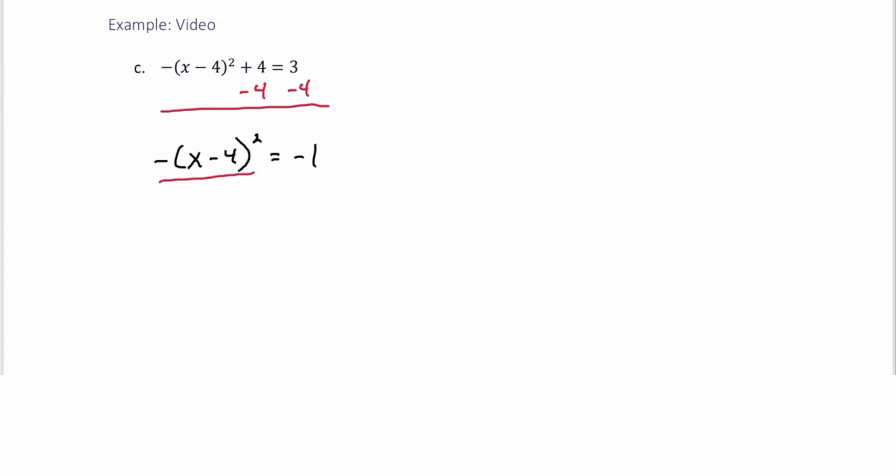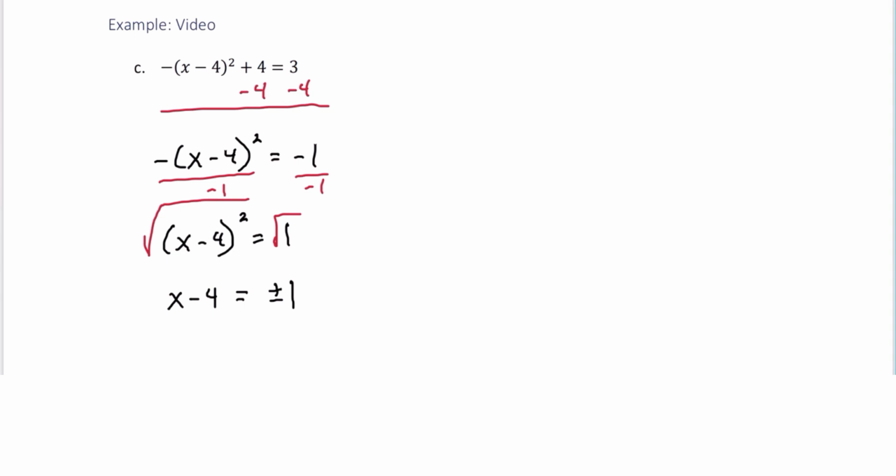We need to divide by negative 1 on both sides. We now have x minus 4 squared equals 1. Now that we have isolated the squared part, we can square root both sides. We will get x minus 4 equals plus or minus the square root of 1, which is 1.